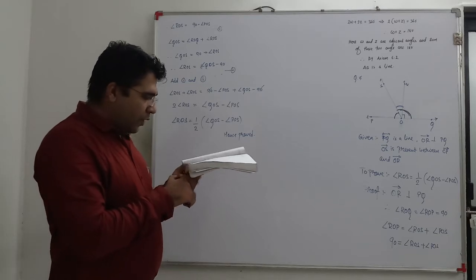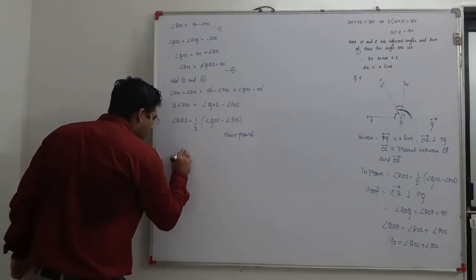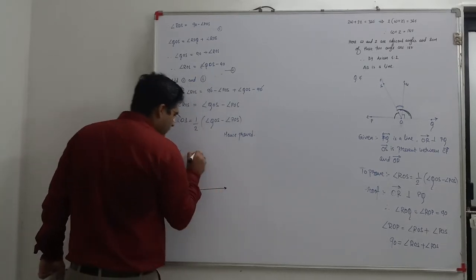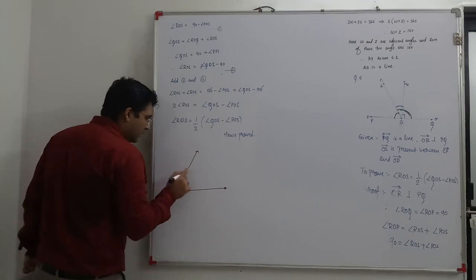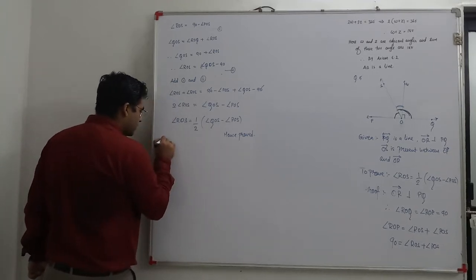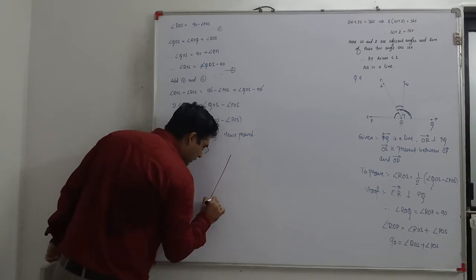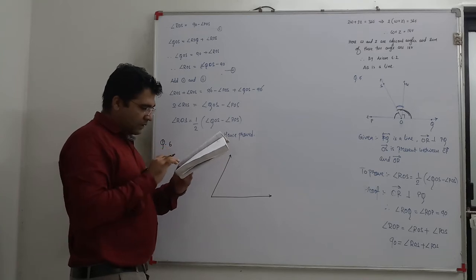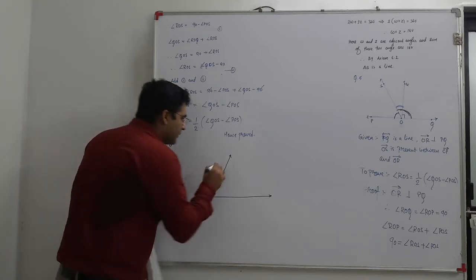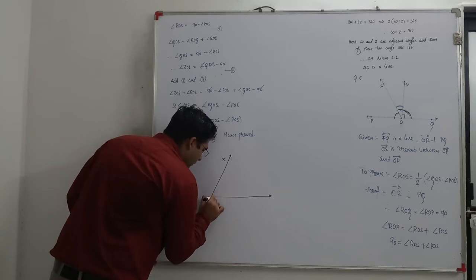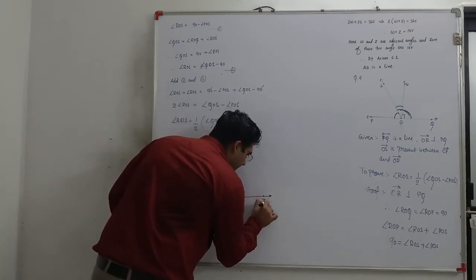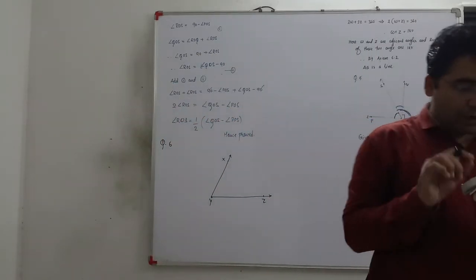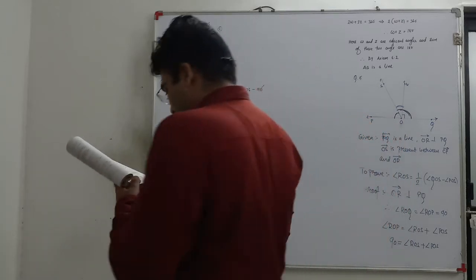XY is produced to point P. There is one angle, X, Y and Z. It is said that XY is produced to P. Draw a figure from the given information.